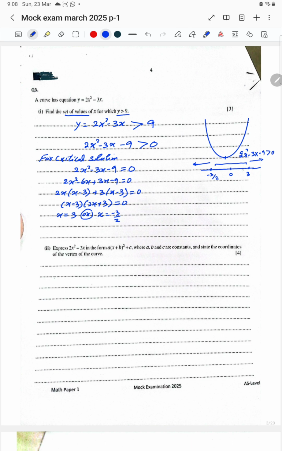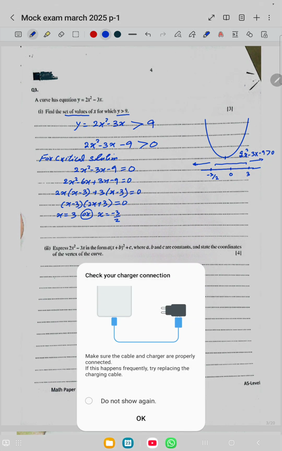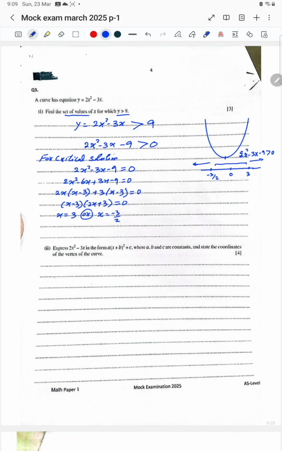Check once it is 0. So the first term will be 0, the second term will be 0, and the third term will be minus 9 is greater than 0, which is untrue. So this goes to be false. This is a false region. So this will be true, and this will be the true region as well.